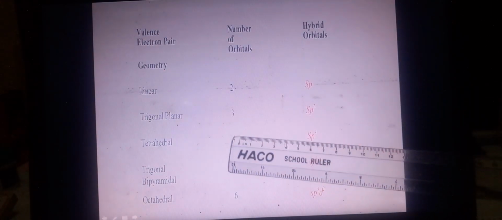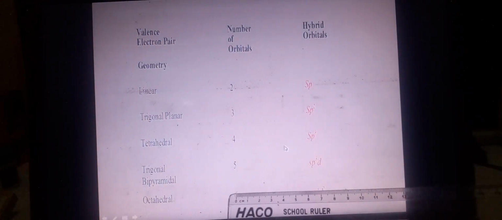If it has 4 orbitals participating in bonding, it is sp3. If it has 5, sp3d, then 6 orbitals, sp3d2. That means these are the number of covalent bonds which are formed. It determines the type of hybridization. Then these are just the geometries: linear, trigonal planar.